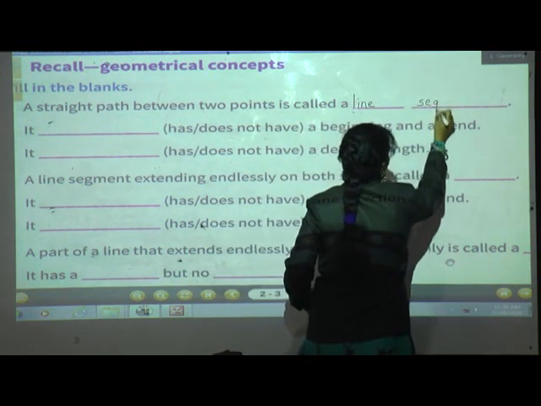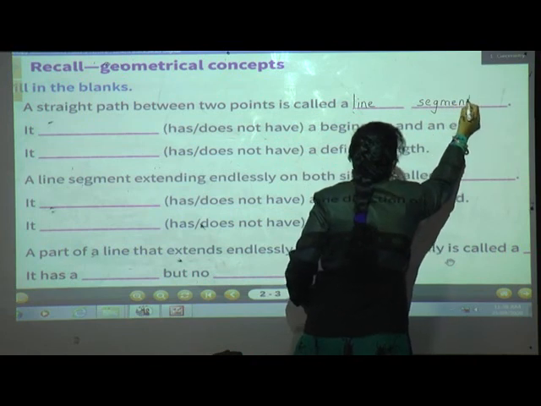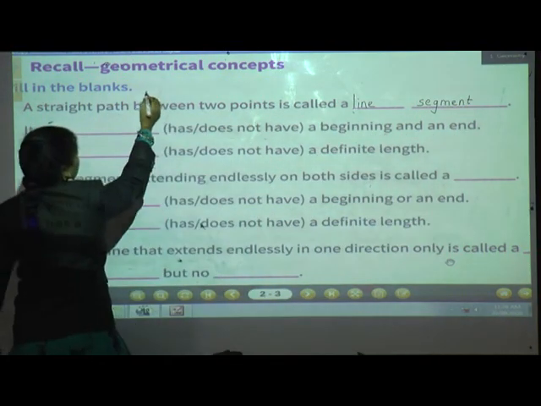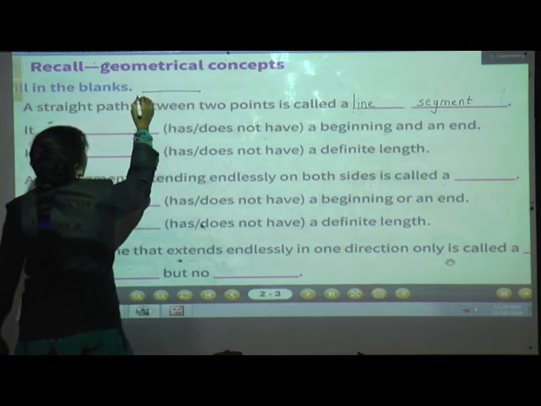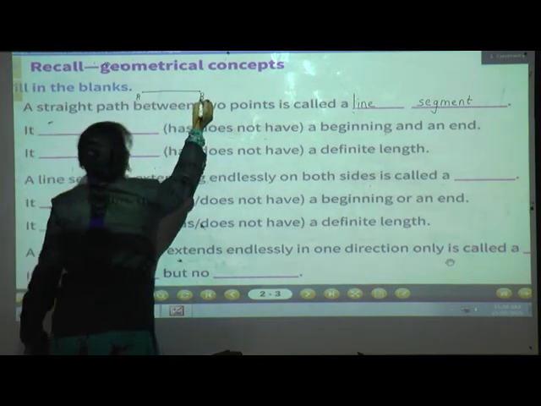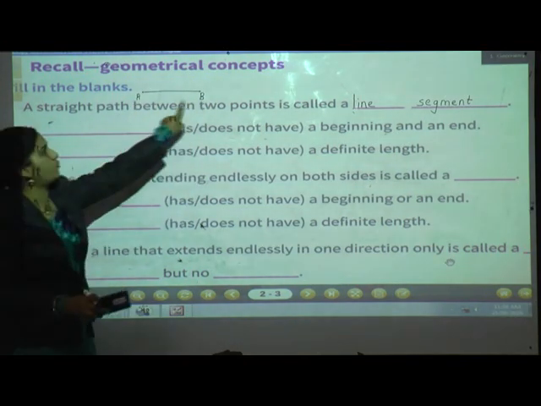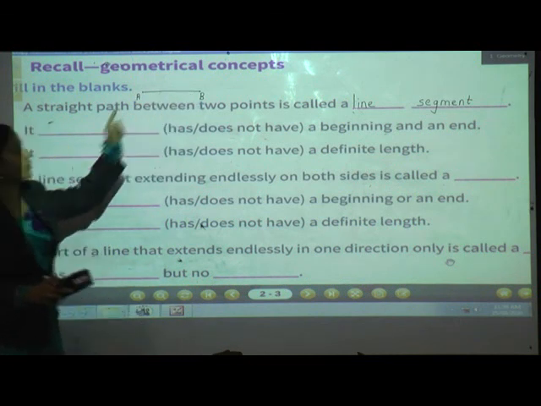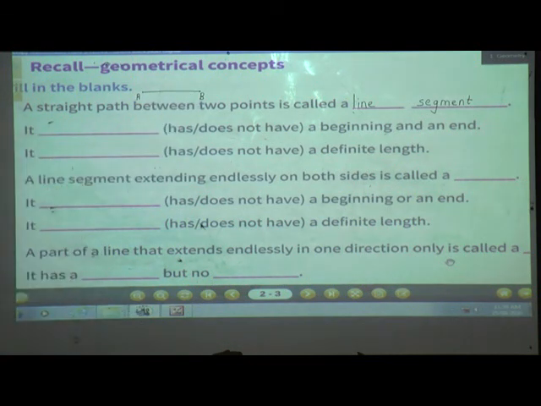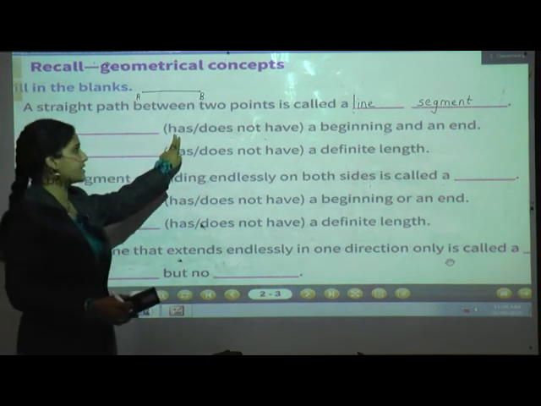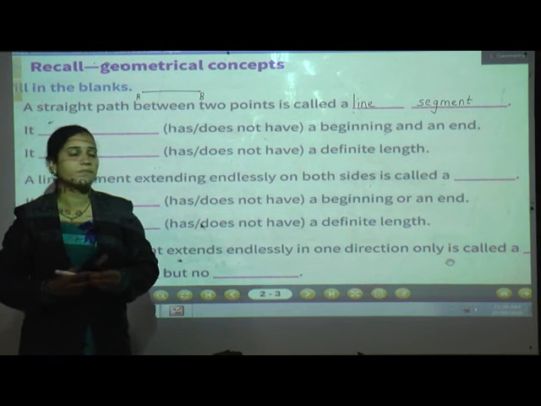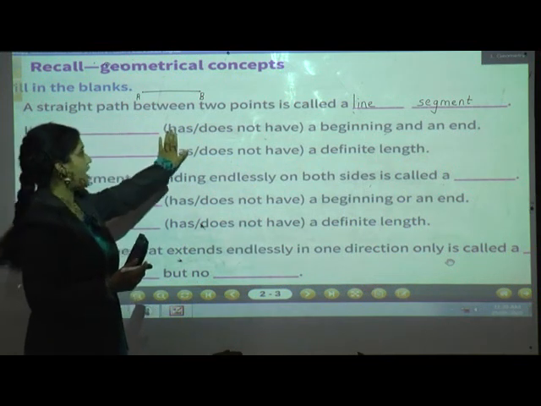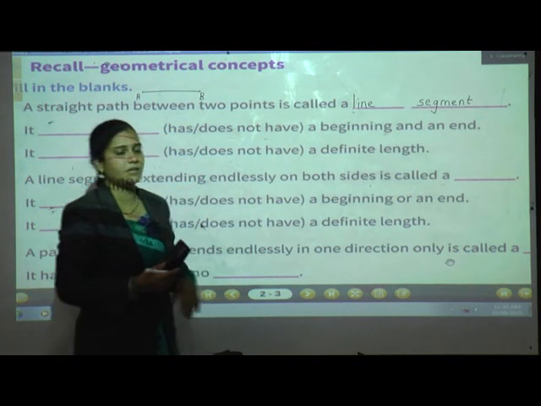Just now I told you, a straight path between 2 points. Suppose these are the 2 points, point A, B. A straight path between 2 points, this one is a straight path. We will call it a line segment. Then next one, it dash has or does not have a beginning and end point.